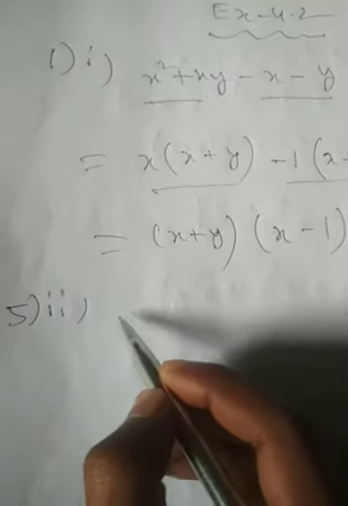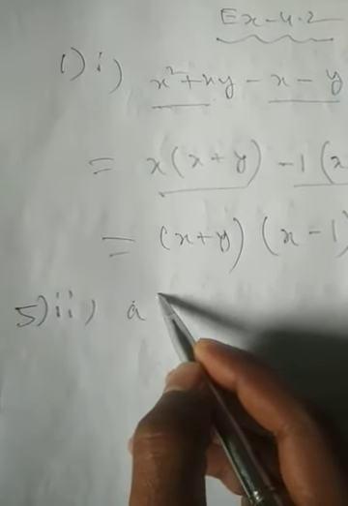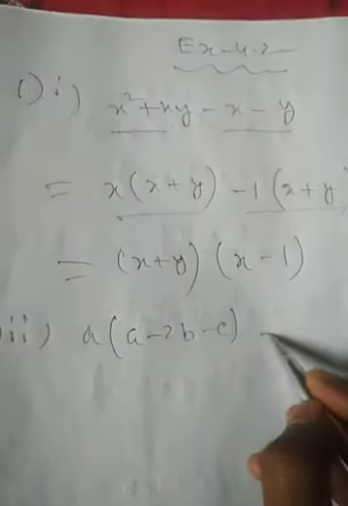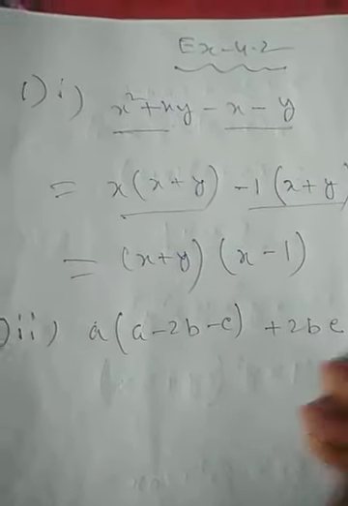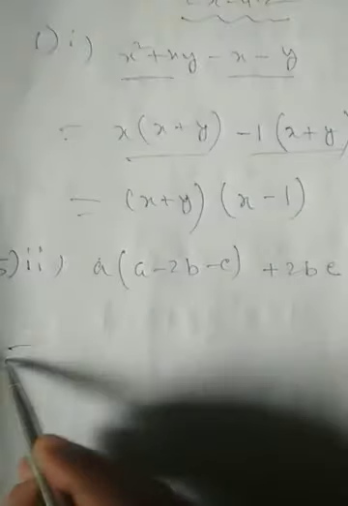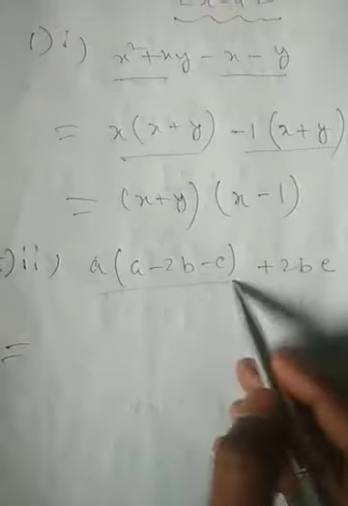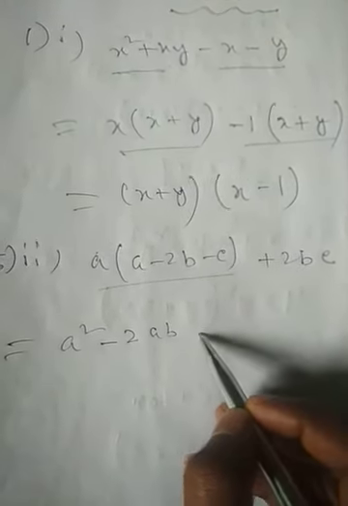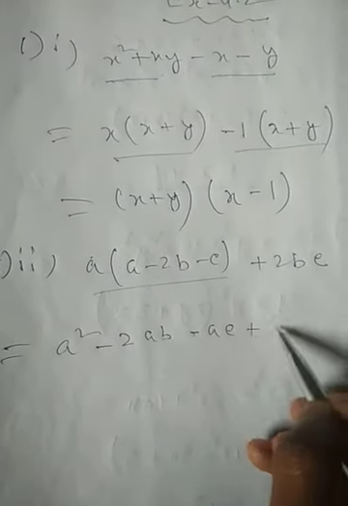Math number 5.2. What is there? a into a minus 2b minus c plus 2bc. Here you can see you can't take the common directly. First you have to multiply that. It becomes a square minus 2ab minus ac plus 2bc.